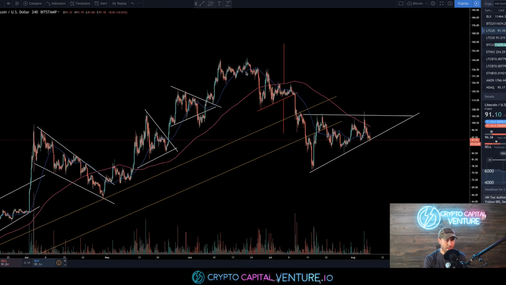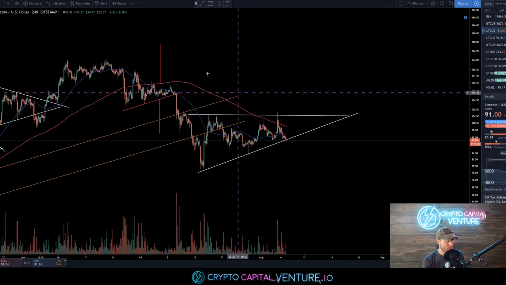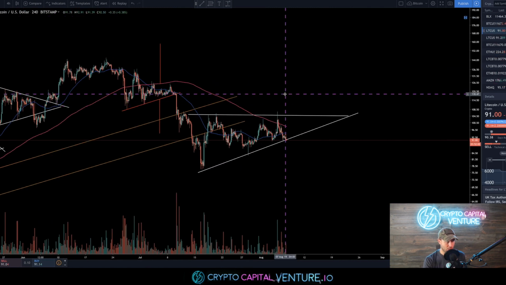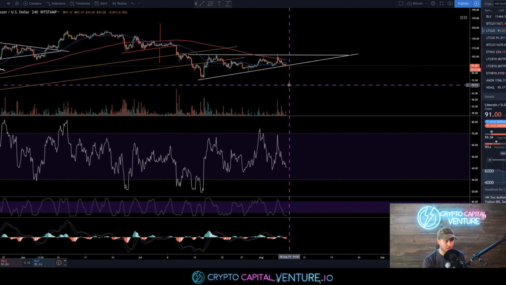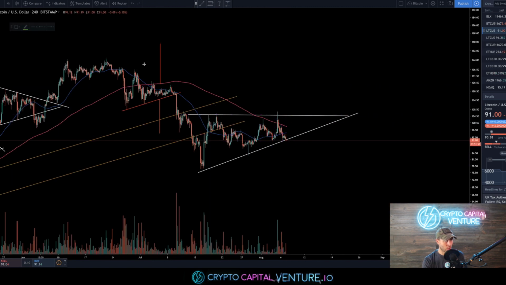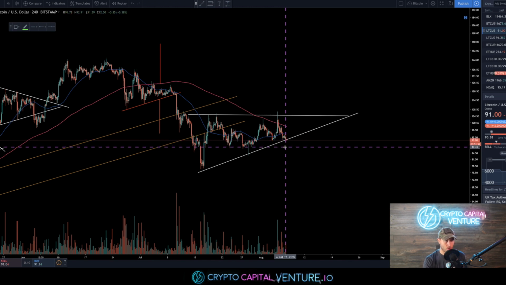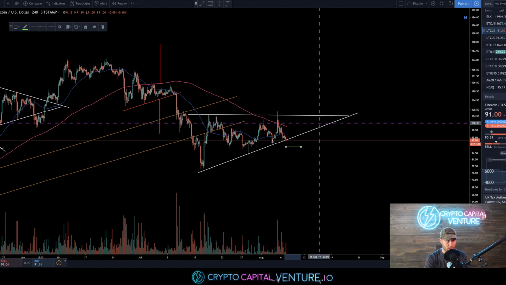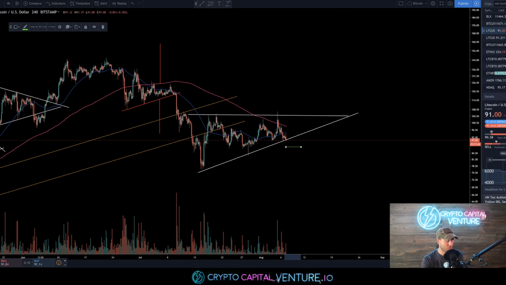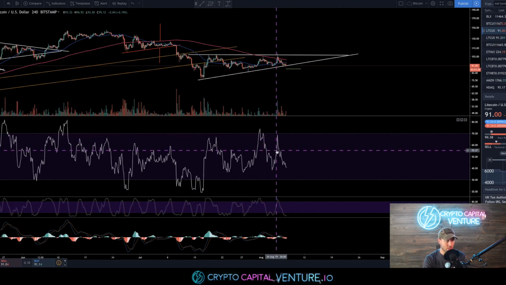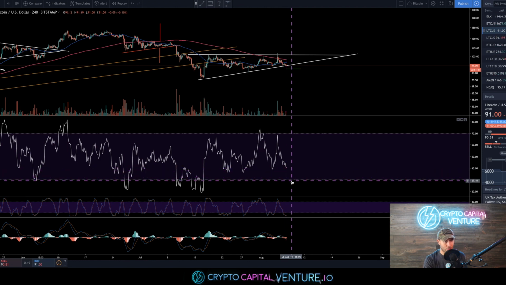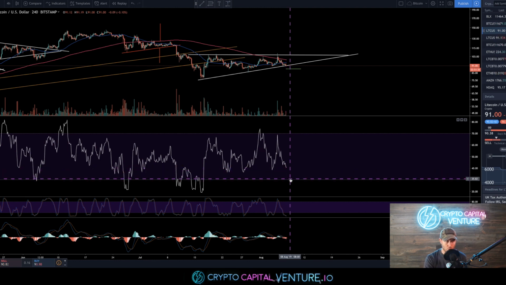So if we go to the 4-hour now, and this is what I wanted to do this video for, and we look at the momentum oscillators, we're already at the bottom trend line, right? We've kind of put in a higher low right here. There's still room, down in the mid 80s to high 80s to put in a higher low, right? So we can get further consolidation, and this trend line can be adjusted a little bit. But if we look at the momentum oscillators, we're not quite down there on the RSI yet in terms of oversold.